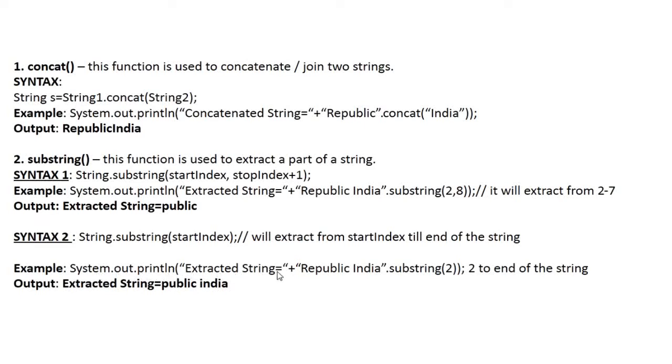Extracted string is equal to, as it is getting printed, and from Republic India you are starting from index 2 till the end. That means it will print what? Public India. I hope these two variations of substring you have understood very nicely, because in most of the programs you either need this or you can deal with this one also.